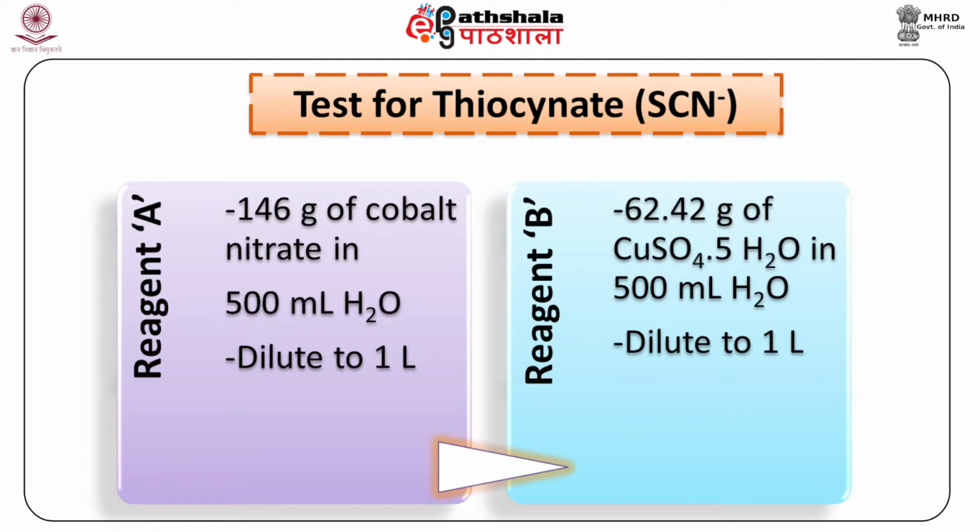Reagent B is prepared by dissolving 62.42 grams of copper sulphate in 500 ml of distilled water and then diluting it to 1 liter.